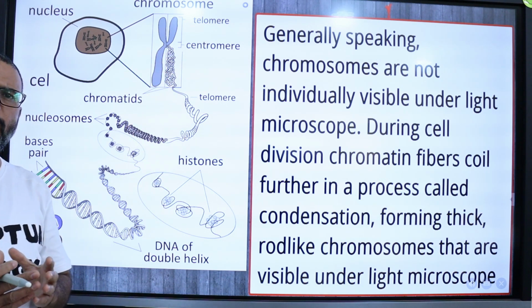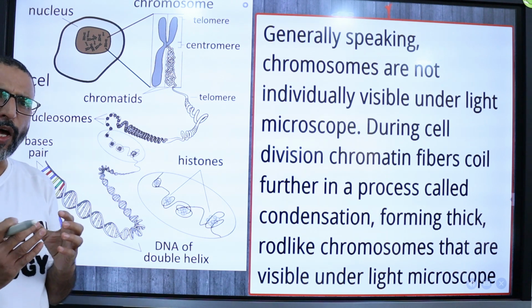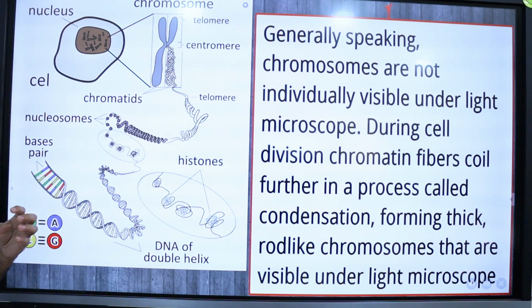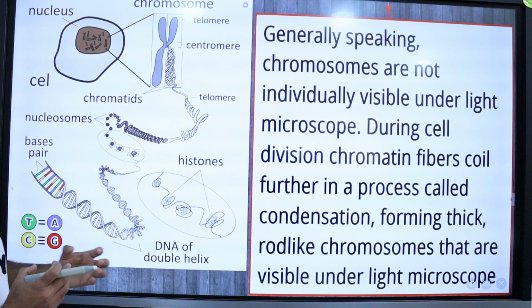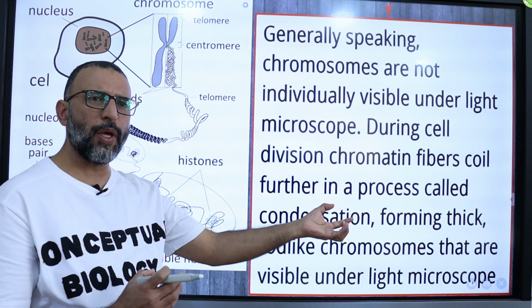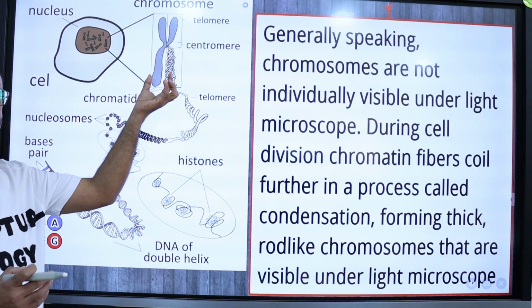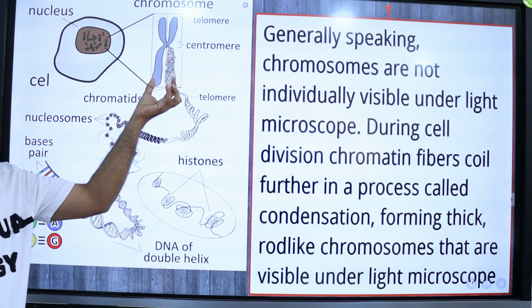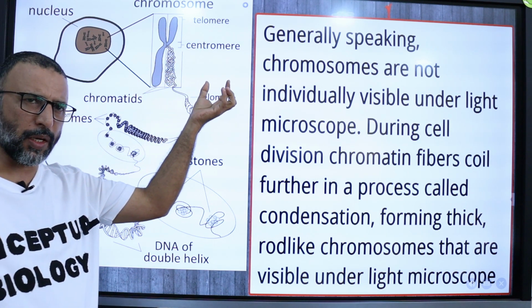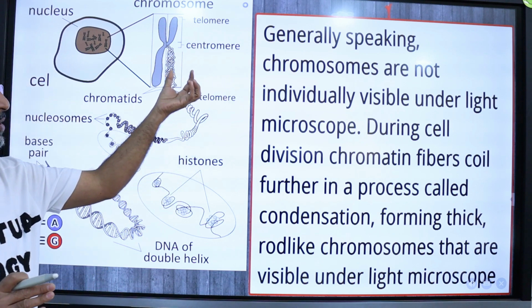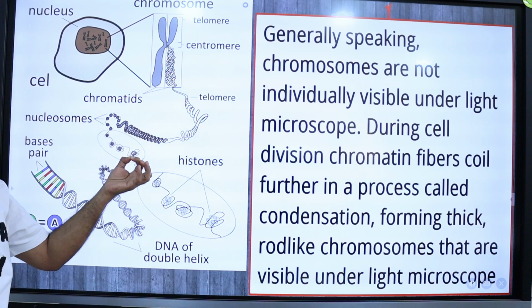During cell division, chromatin fibers coil and undergo a process called condensation, forming a thick rod-like structure called a chromosome, which is visible under a light microscope only in dividing cells. But in non-dividing cells, it is present in the form of chromatin material.